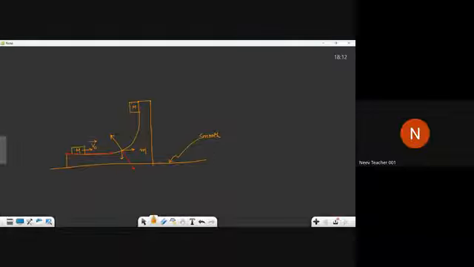What the author asked is the maximum height achieved by capital M. What will be the maximum height achieved by capital M is being asked. We'll extend this ask, and I'll ask you later, where will this mass capital M eventuate? That means, where will the mass capital M land?